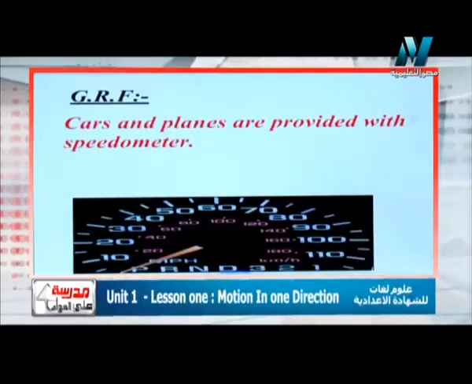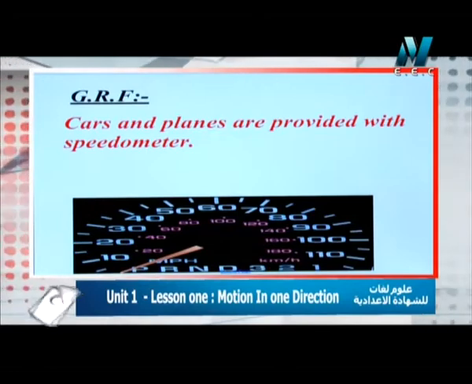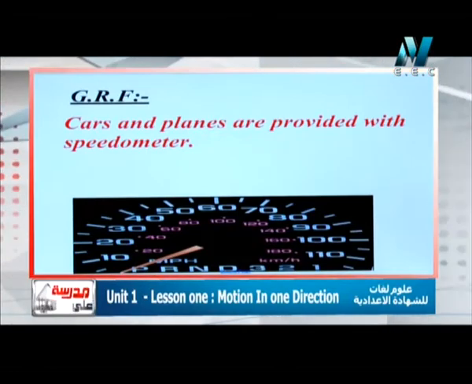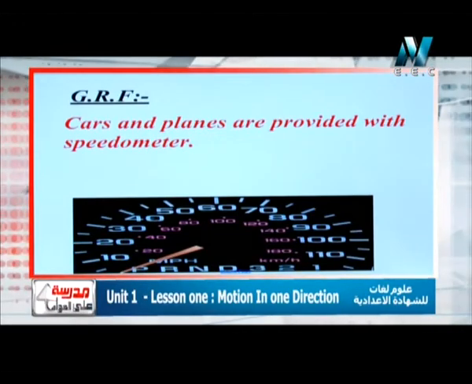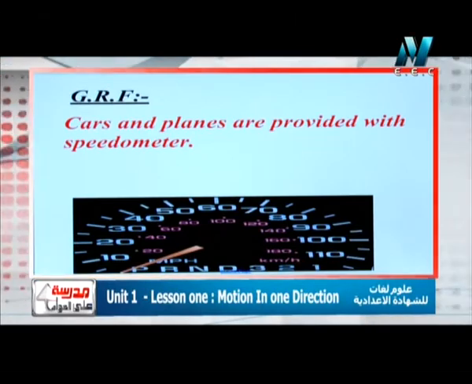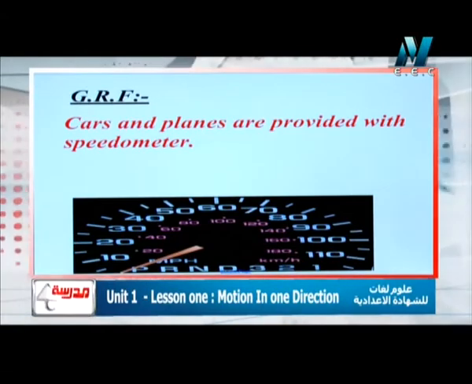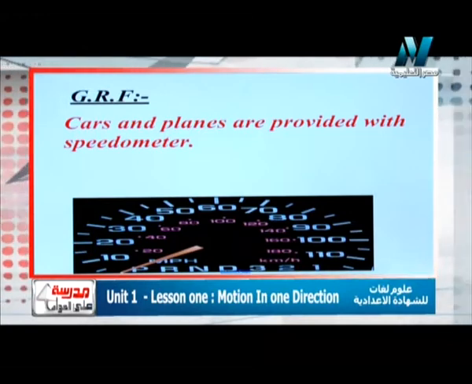We have another give reason in our curriculum. Cars and planes are provided with a speedometer. أي عربية أي طيارة train bus، يعني object، يعني موجود فيها speedometer.